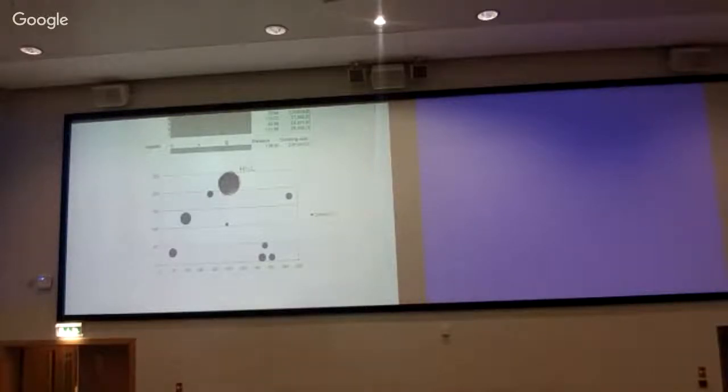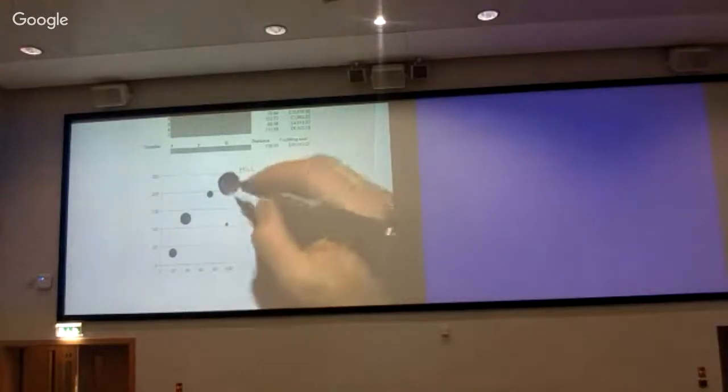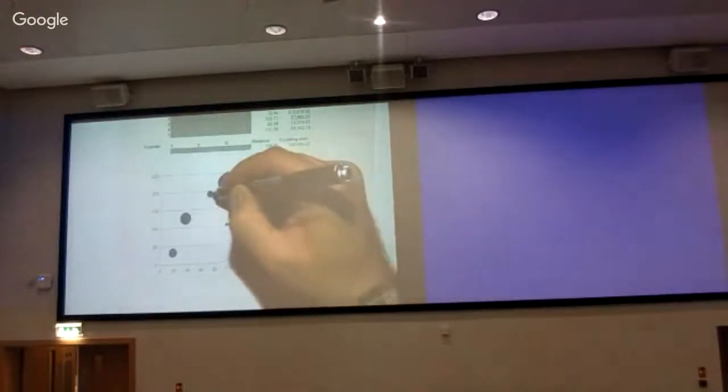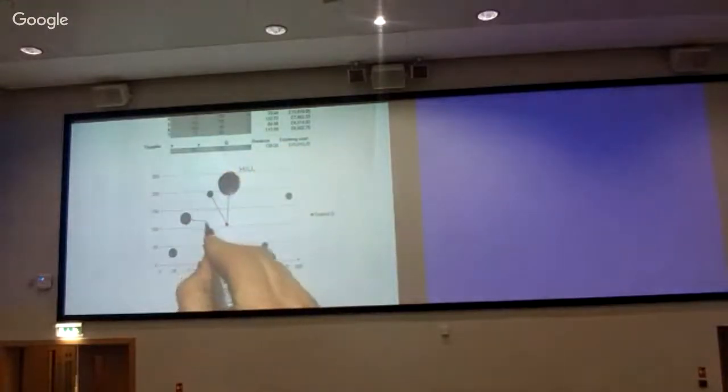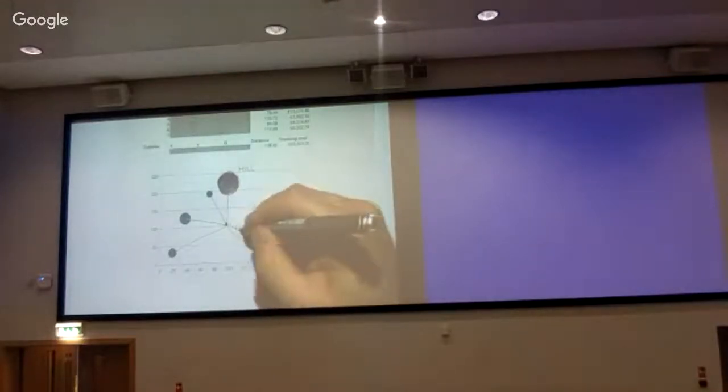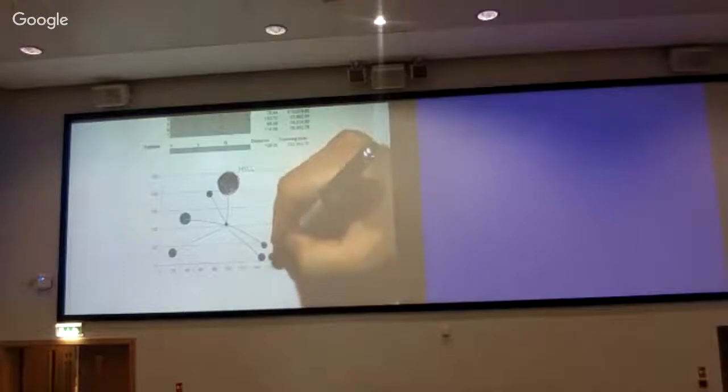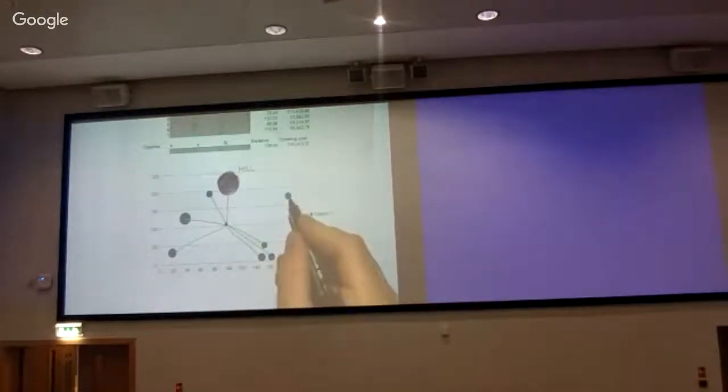Now, what we're going to do in this model is look at the distances of this point from all the customers and the mill. Now, what do we want to minimize?